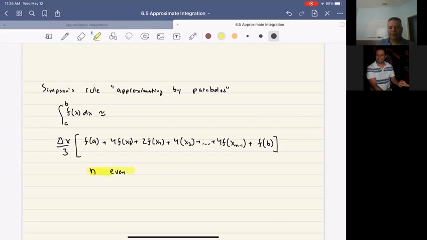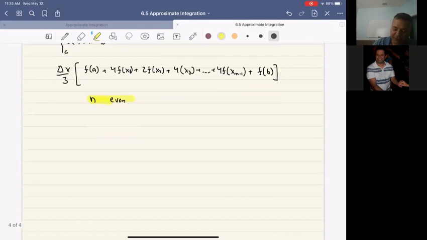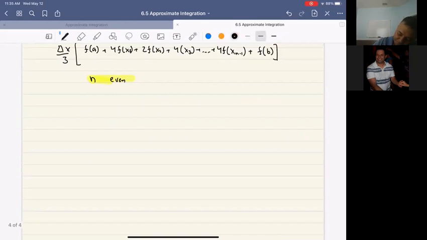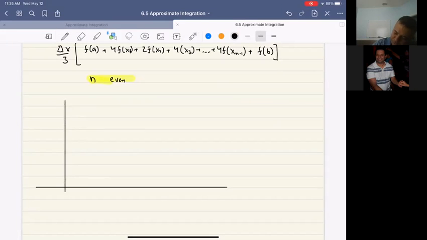Okay, so let's sort of get a sense of what's going on here. Let's say we're here at xi. We have xi plus 1 here, xi minus 1 here, and we've got some function going on. And what we're going to do is approximate by a parabola. Oh, those are bad points. Let me draw the picture again.